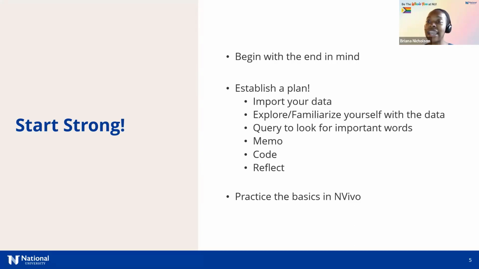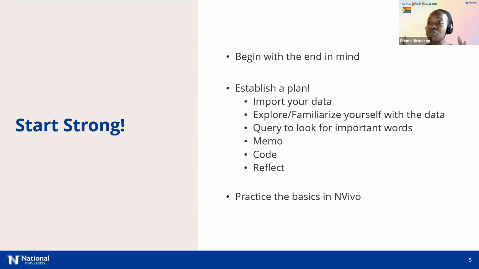Today, we'll be looking at a transcript and data that might be collected through an open-ended questionnaire. But there are other sources that can be imported into NVivo as well. And you just want to be very mindful of all of the different sources of data that you might be navigating as part of your study.